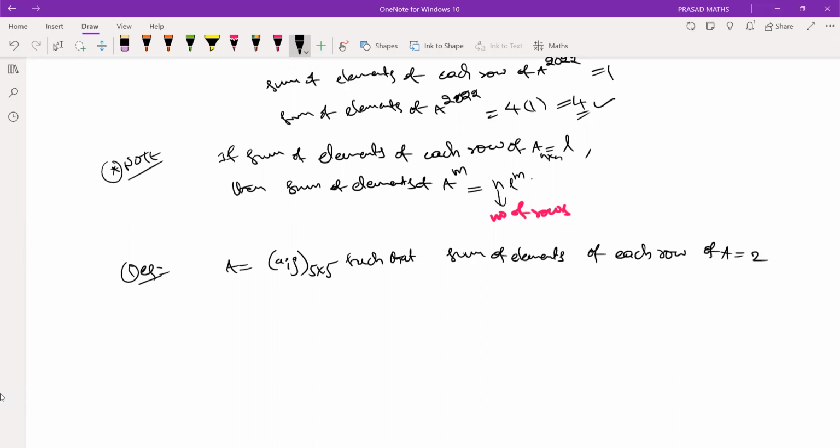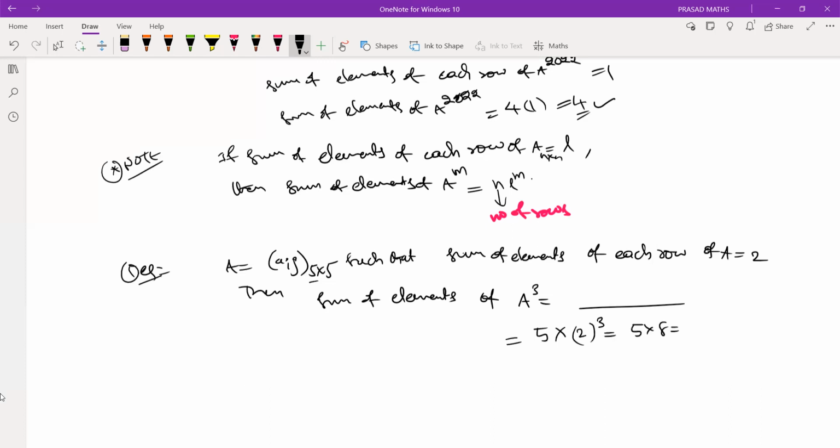Then what is the sum of elements of A cube? What is the answer? Anybody? 8 into 5. Total number of rows into 2 power 3. That means 8 into 5, that is nothing but 40. So this is a very important question.